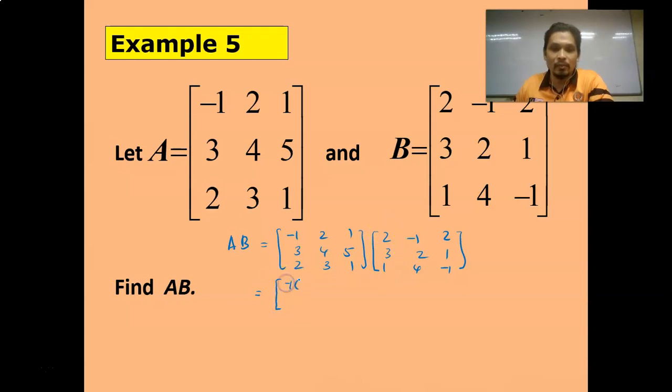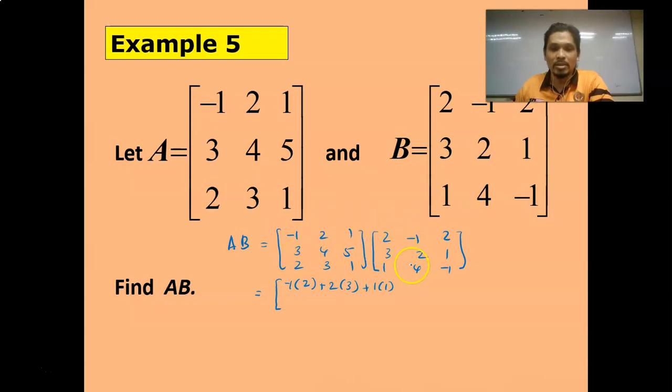So negative 1 multiplied with 2 plus 2 times 3 plus 1 multiplied with 1. Okay, so element in row 1 has already been multiplied with element in column 1. Now element in row 1 multiplied with element in column 2.